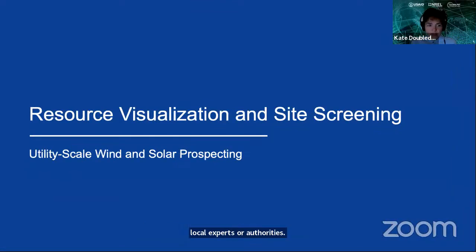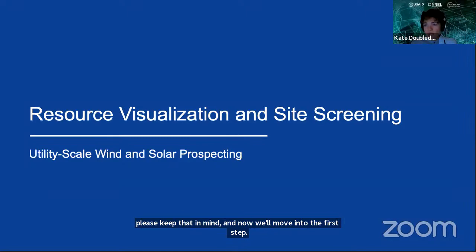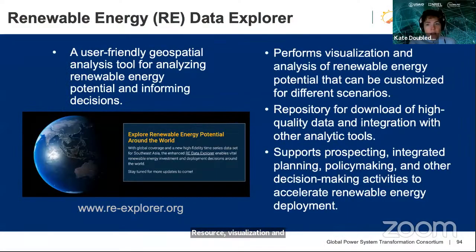And now we'll move into the first step, resource visualization and site screening with the RE Data Explorer. So Galen introduced the RE Data Explorer a little bit yesterday, but just to reiterate, this is a geospatial analysis tool that you can access anywhere online. It includes a variety of different informational layers that can be useful in early stage prospecting.